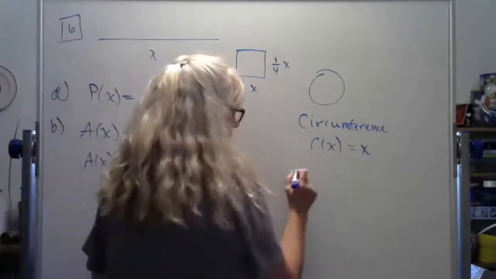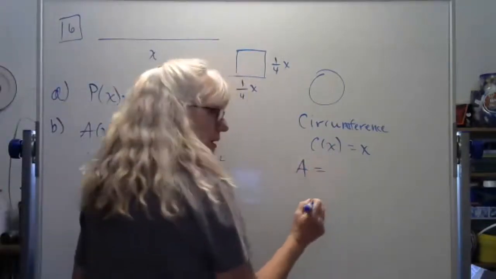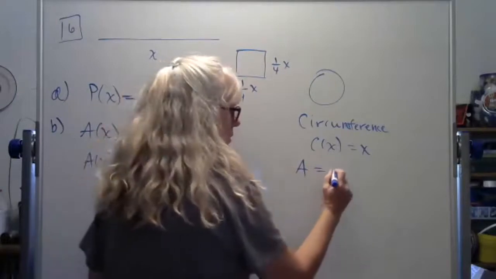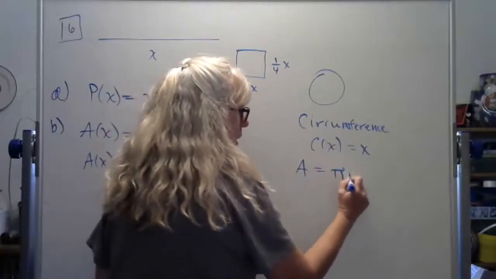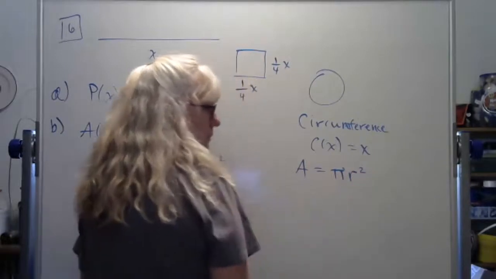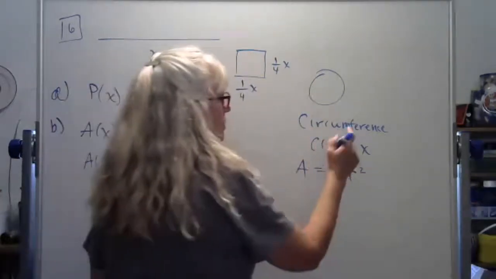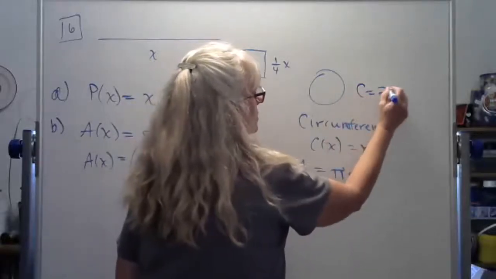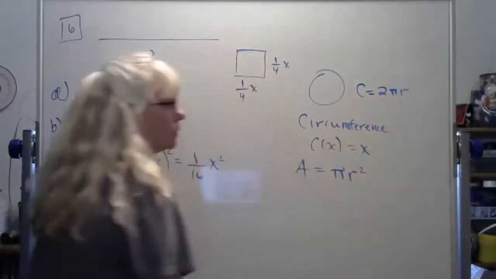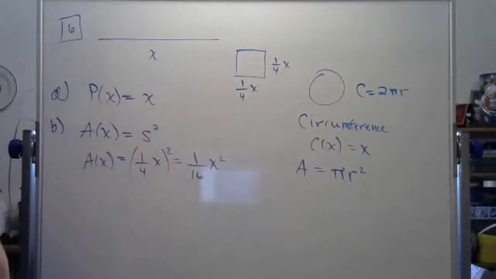Okay, the harder part is the area. Does anybody remember the formula for the area of a circle? Pi r squared. Okay. So we also know that the circumference is 2 pi r. Does that make sense to everybody? Okay, so what are you going to do?